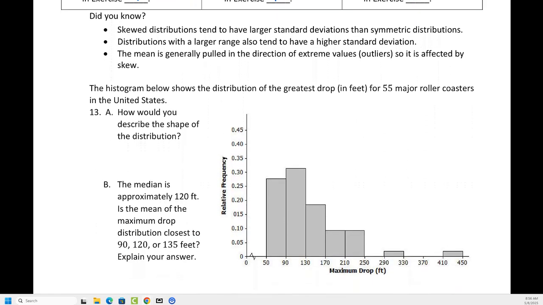Down here. The histogram below shows the distribution of the greatest drop in feet of 55 major roller coasters in the United States. How would you describe the shape of the distribution? So it looks like it's doing something like this. So how would you describe the shape?